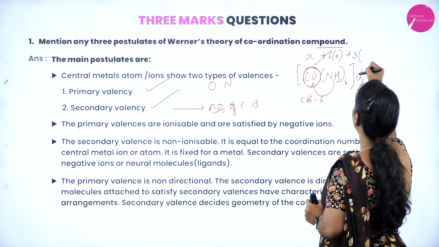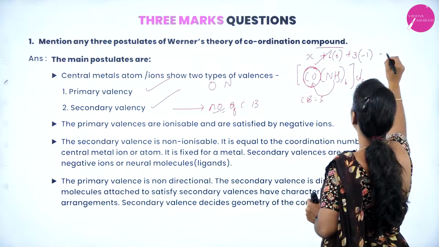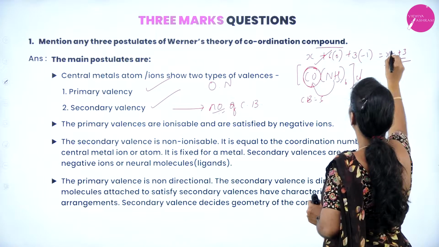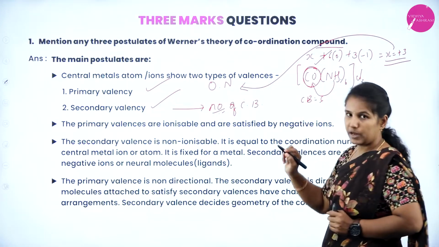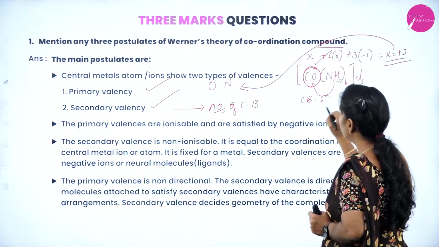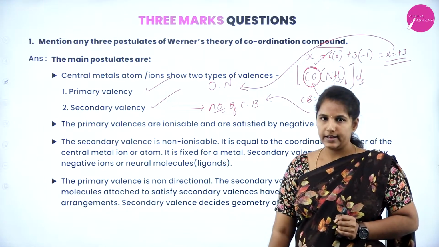And what is the oxidation number for the chlorine? It is -1. So totally we will get X is equal to +3. This is the oxidation number and this is nothing but your primary valency. And the number of ligands which are ligating towards the central metal atom are nothing but the coordination bonds, which is nothing but your secondary valency.